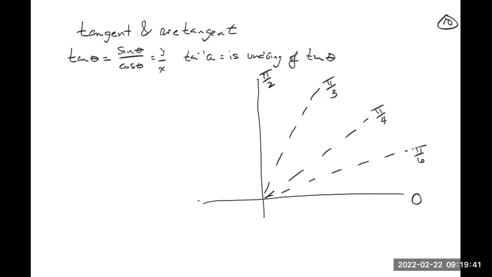Now we know that at 0, we have 1, 0 as our cosine, sine. And then we have square root of 3 over 2, 1/2. We have the pair. And we have 1/2, square root of 3 over 2. And then we have 0, 1.